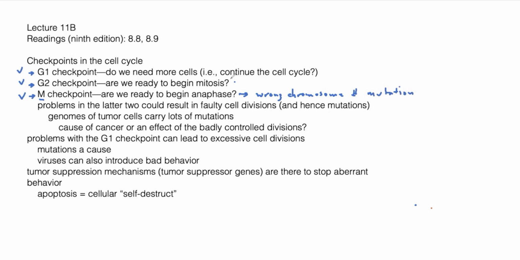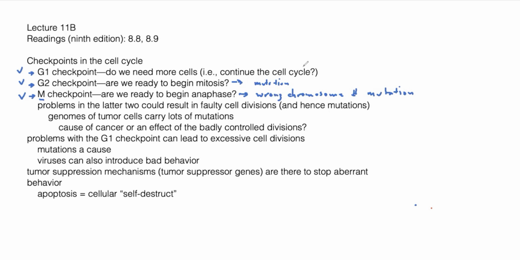Okay? If we're to allow the cell to begin mitosis before those chromosomes are really ready, right? In other words, if we were to start to initiate the thickening of the chromatin, that could also result in things that are going awry, potentially mutations. Right?